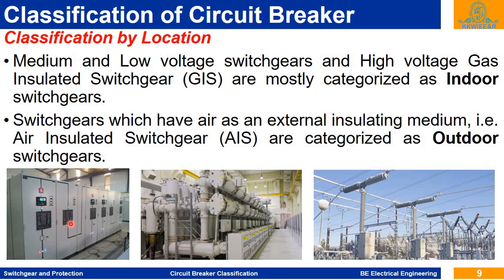So here in this picture you can see this is a panel, and on this panel these switchgears or circuit breakers, they are mounted on this panel. So this is a low voltage switchgear, low voltage circuit breakers. Similarly, for medium voltage circuit breakers, they are trolley mounted at the bottom portion of the panel.